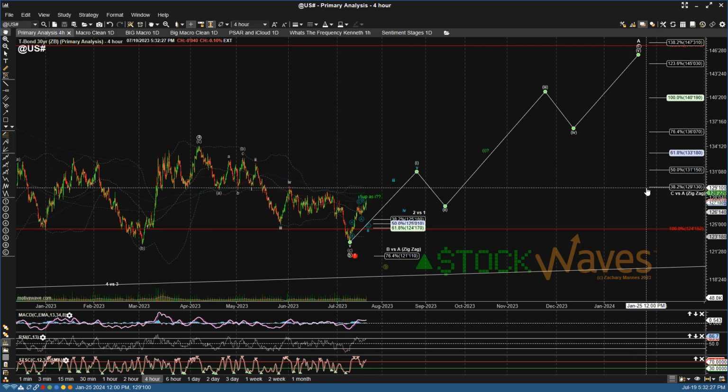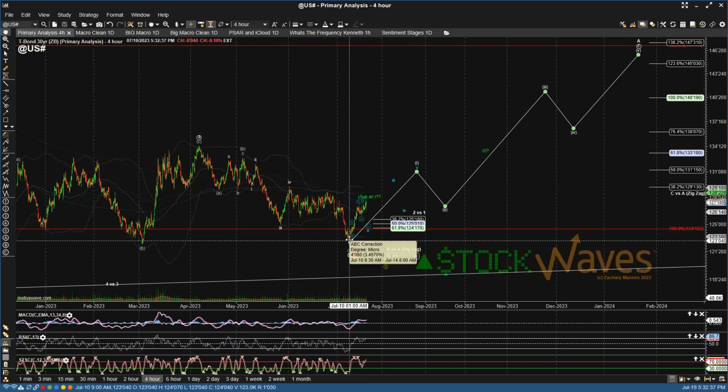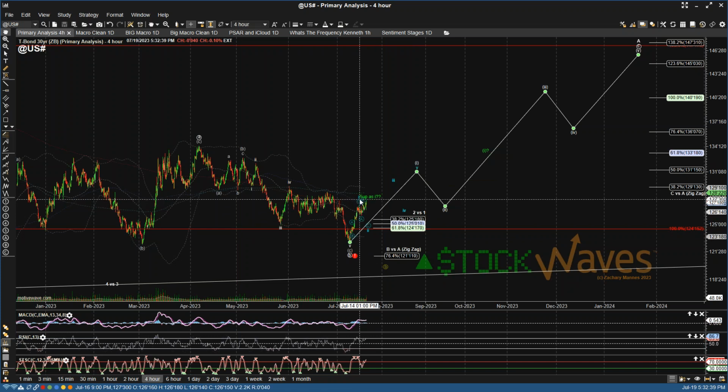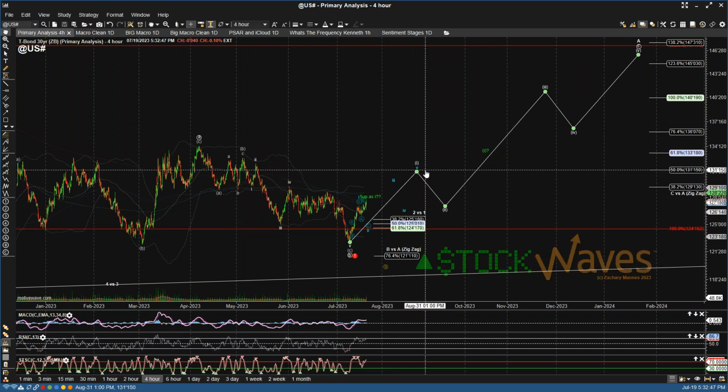So that is 129.13 to 131.15 is the ideal resistance zone for this wave 1 based on Fibonacci pinball. If we were going to hold as 3 waves up for a wave 1 of this wave 1 and fade as a wave 2, then we had a possible leading diagonal structure that would take us right to that 131.15.